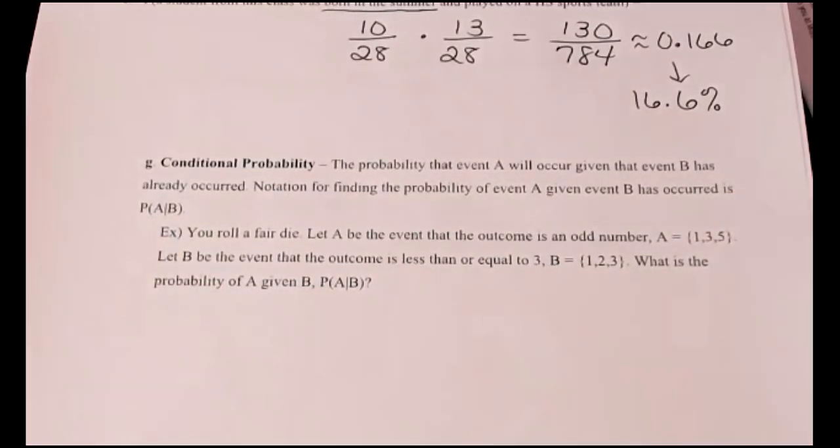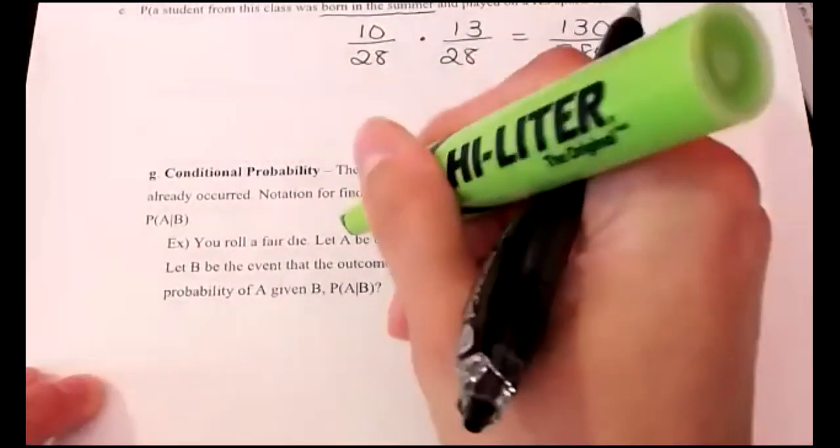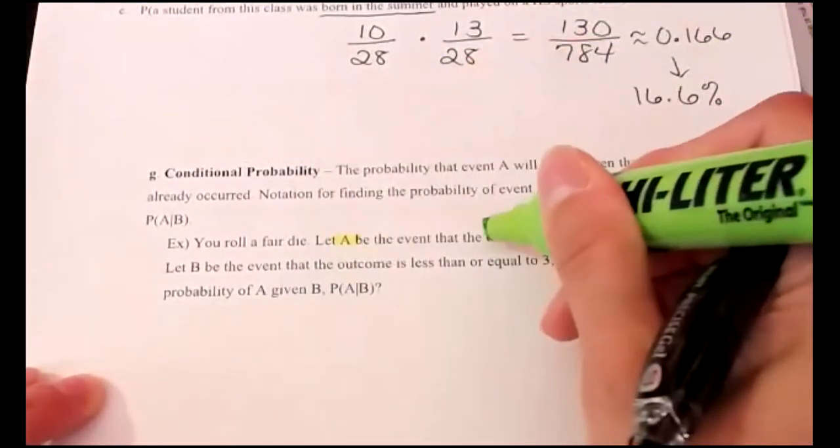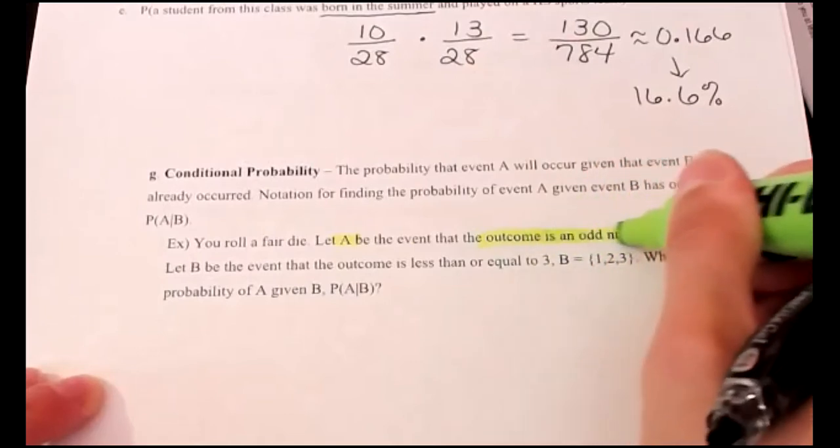So let me show you an example. Hopefully this is not too crazy. You roll a fair die. Let A be the event that the outcome is an odd number. So that's the first thing I'm going to consider. We want event A to be an outcome that is an odd number, right? On a fair die.